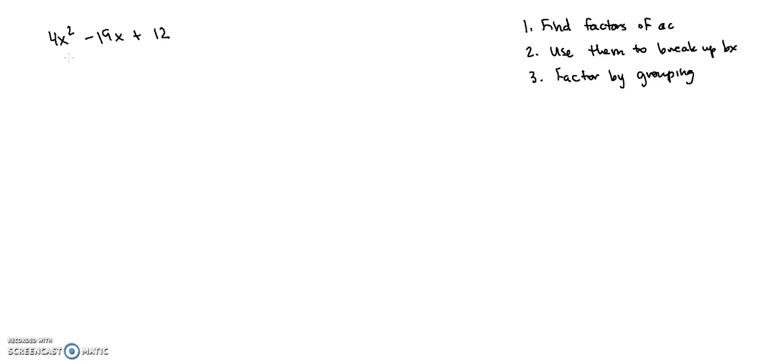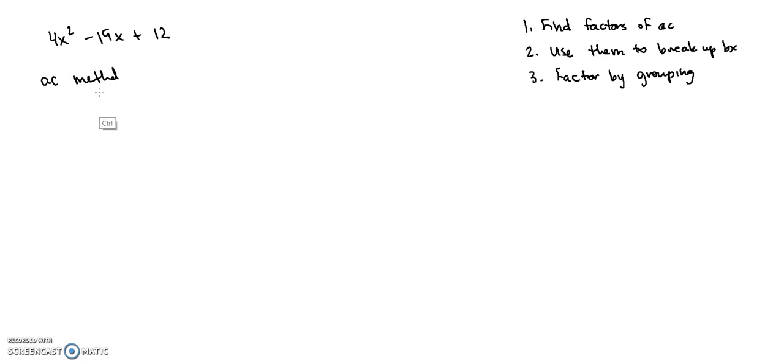Now when we're doing all of these, remember to look for a GCF first. Sometimes I forget to say that, but you have to look for a GCF first, because if there is one, first of all, it's going to make your life a lot easier, but second of all, you've got to get it pulled out when you can. All right, so 4, 19, and 12, not going to have anything in common. We can't take an x out because they don't all have an x. All right, so we're going to do the AC method.